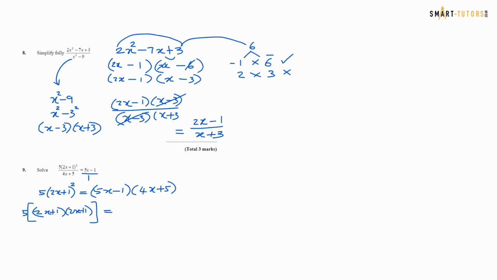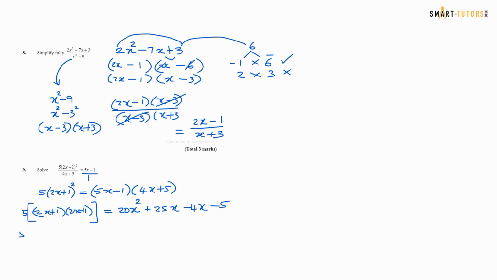So on this side I'm going to be expanding the brackets. 5x times 4x is 20x squared, 5x times 5 is 25x, minus 4x, minus 5.